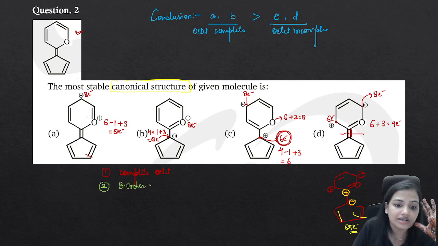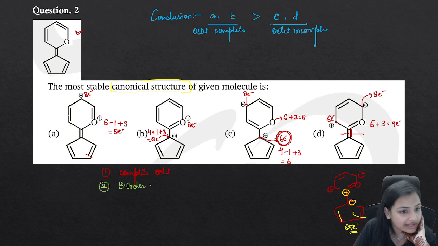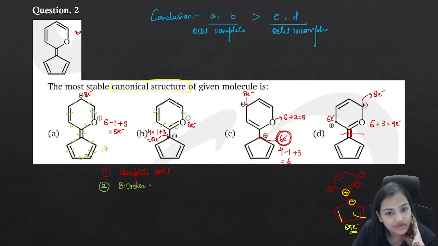Now if you see the number of covalent bonds, please find out what could be the right answer. We have 1, 2, 3, 4, 5, 6, 7, 8, 9, 10, 11, 12, 13, 14, 15, 16, 17. 17 is the bond order.